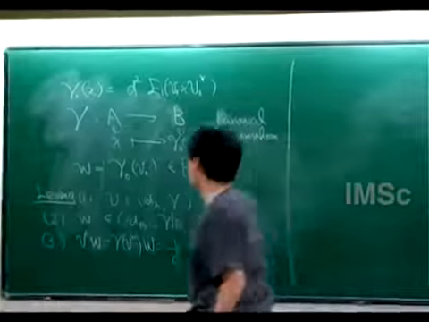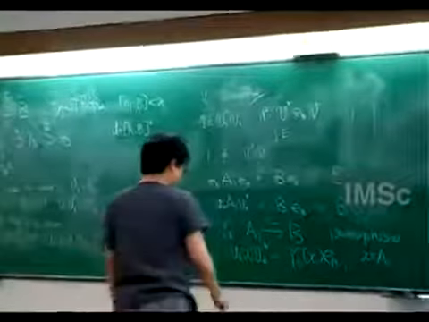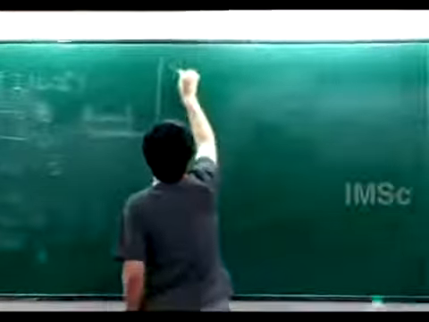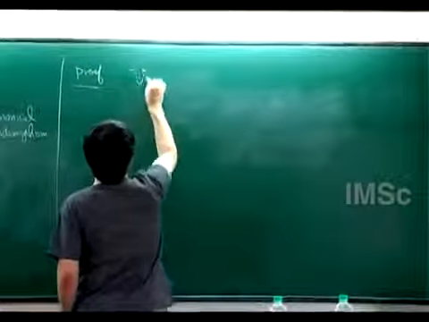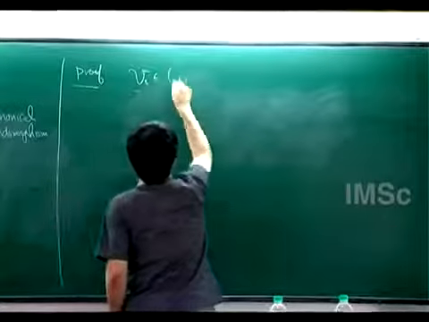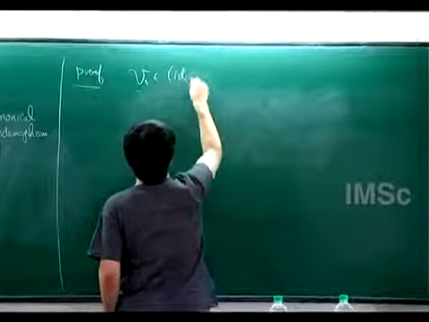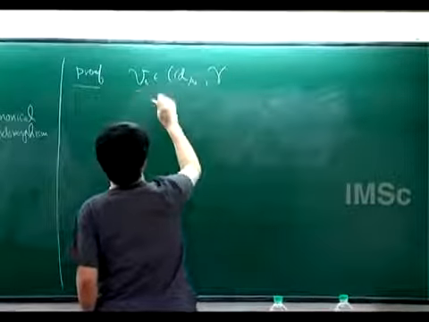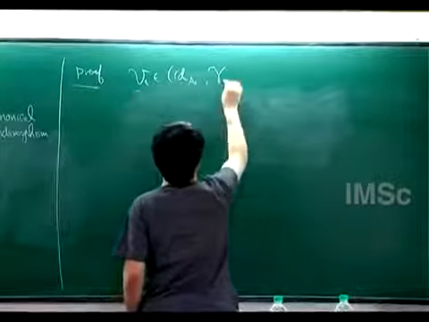Okay, let's prove this. They almost follow from the definition. First important observation is that gamma 0 is an intertwiner between identity of A1 and gamma 0.